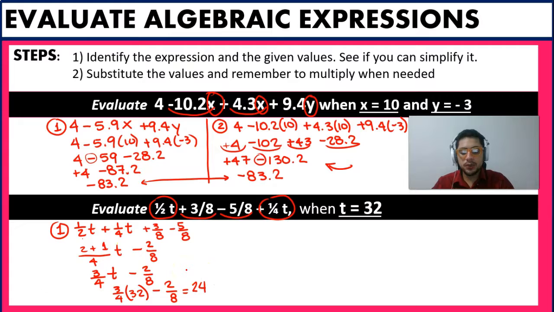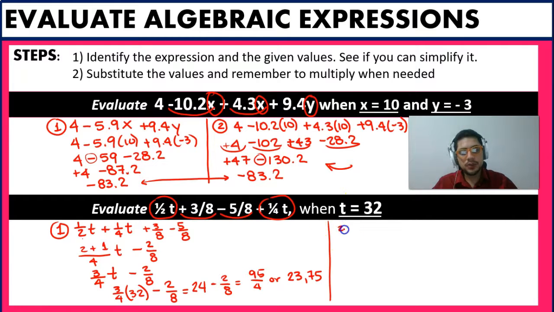And then from 24, we subtract 2 divided by 8. And that is going to give us a value of 95/4. Or if we want to express it as a decimal, 23.75.